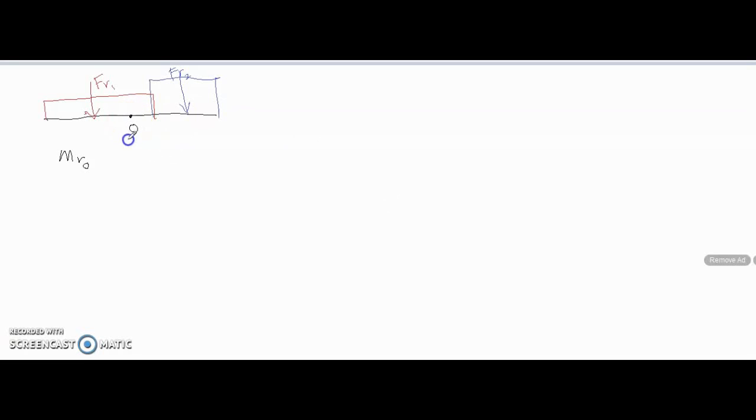So from O, the line of action for Fr1, let's say D1 here, and from O to the line of action for Fr2 is D2 here. So M resultant about point O is equal to D1 multiplied with Fr1 plus D2 multiplied with Fr2. So how to find D1 and D2?